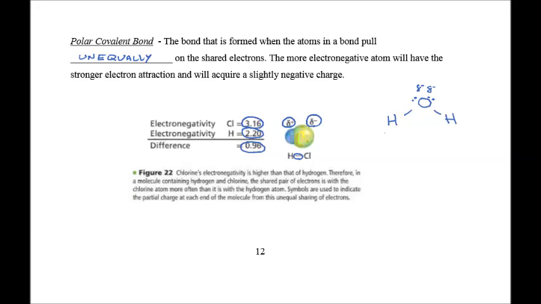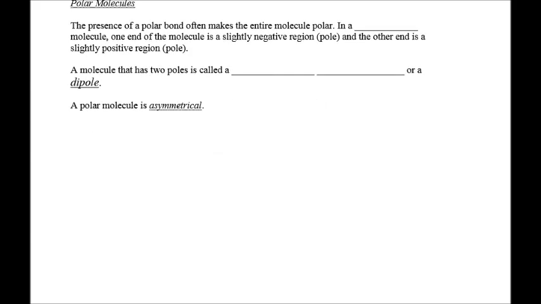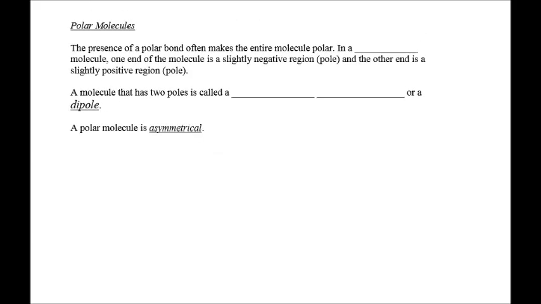Since the electrons are pulled away from the hydrogen, it ends up with a slight positive side. This is why it's a polar molecule. It has charged ends because of the unequal distribution of electrons. So that's the first way the word polar and nonpolar are used, and that's within the bond.